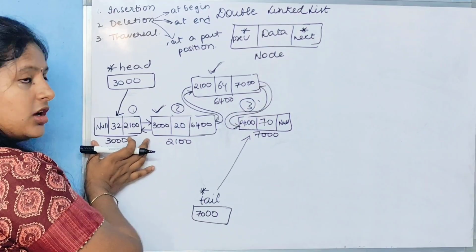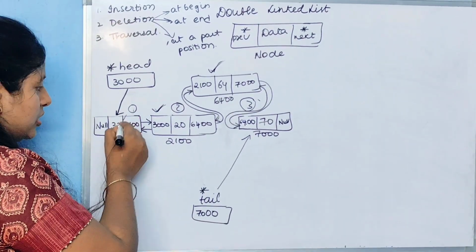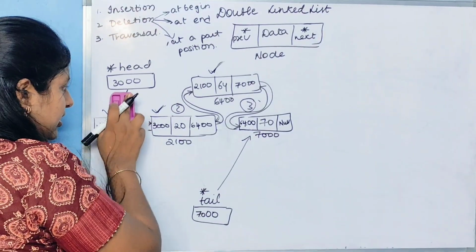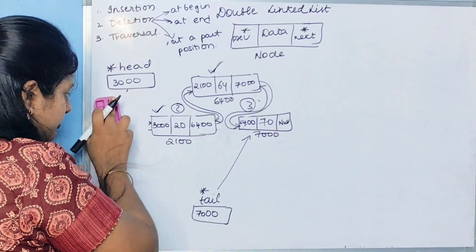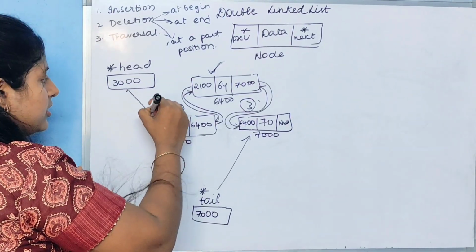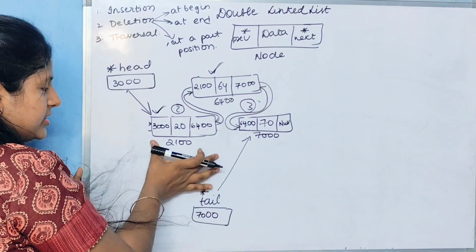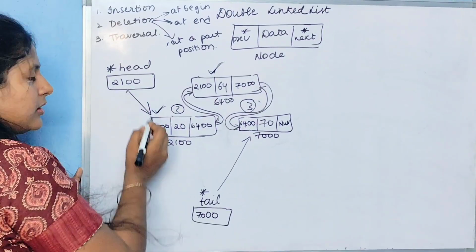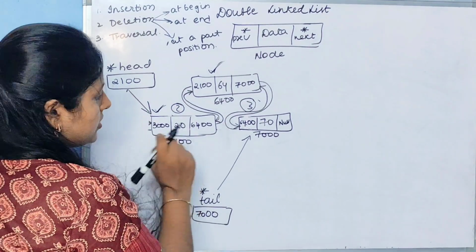This is my first node. Now I want to delete this node. So I've deleted this node, right? I've taken away the connections between these things. Okay. So now what is my first node? Head always points to first node, right? So what is the address of first node? 2100, right? So it is 2100.